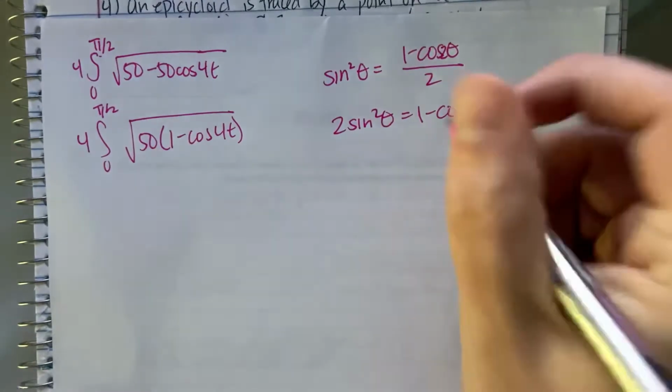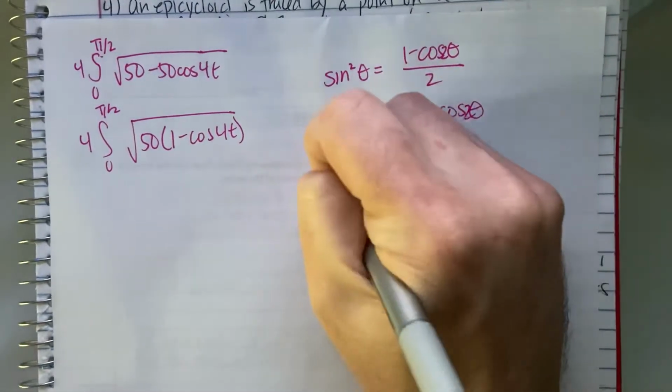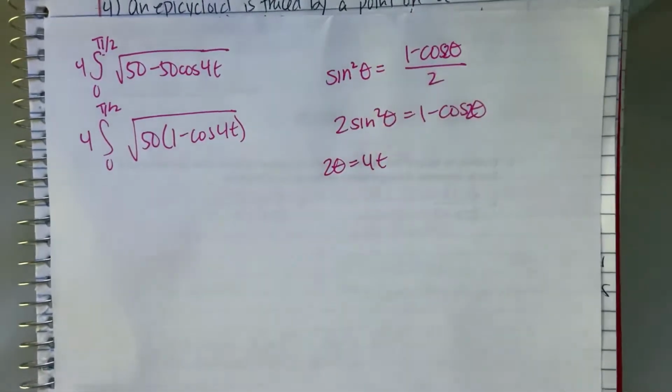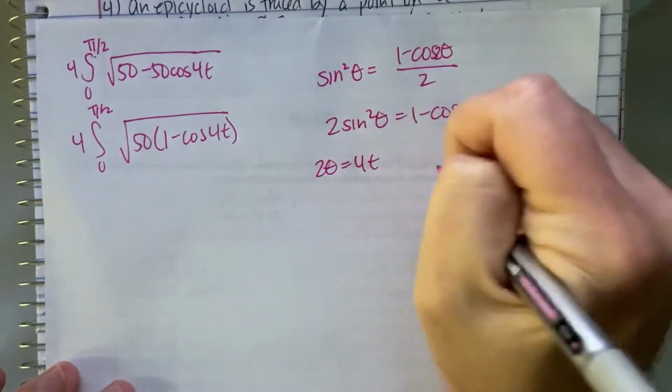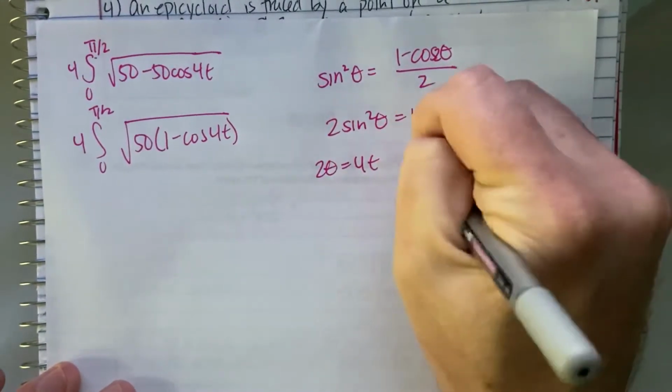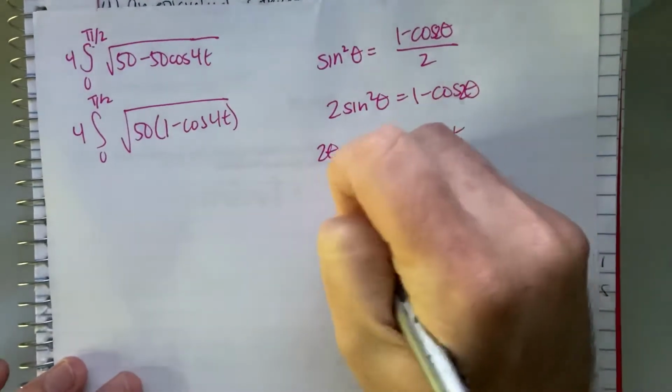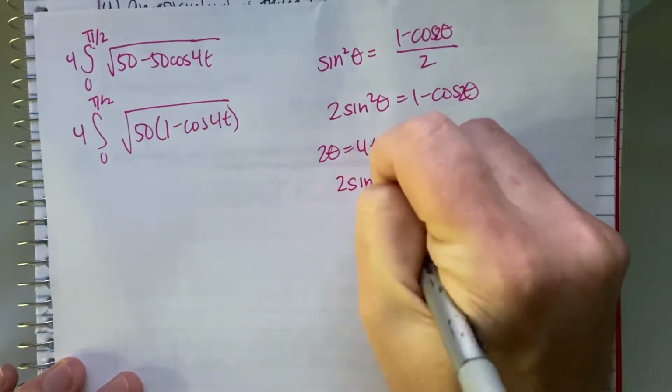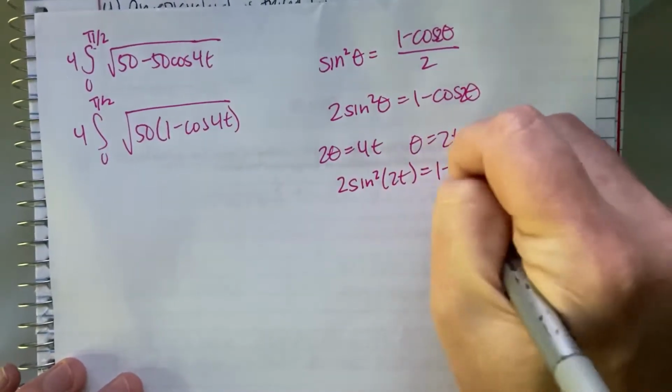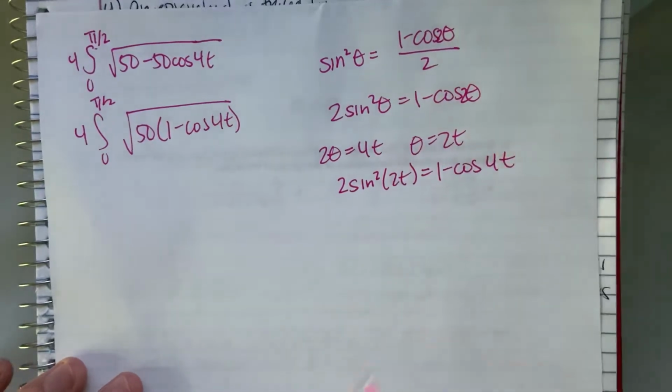We need this to be 4t, so 2 theta equals 4t, which means theta equals 2t. So this is really 2 sine squared 2t equals 1 minus cosine 4t.